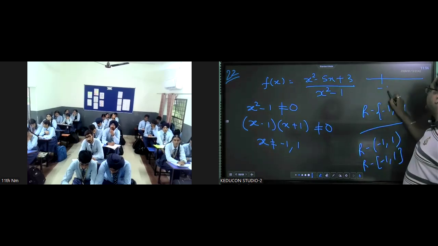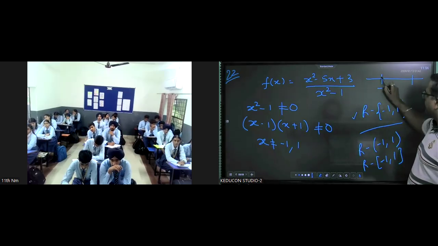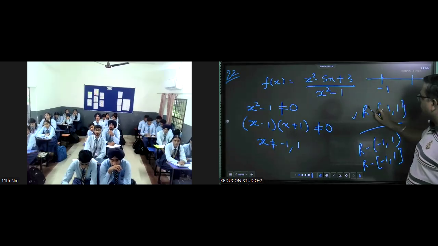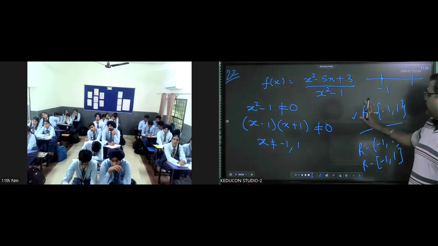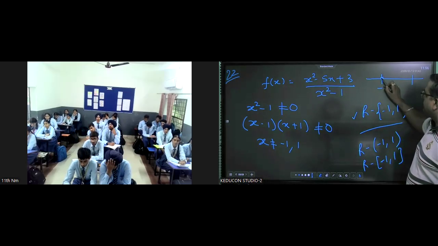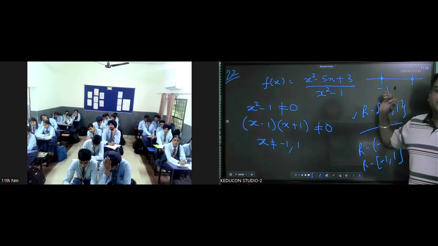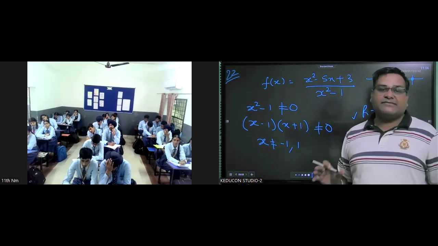This is -1, this is 1. When you are taking this one, this means R is not there. Okay? We are only talking about the bracket part. When I am putting curly brackets, it means only these 2 points, -1 and 1.